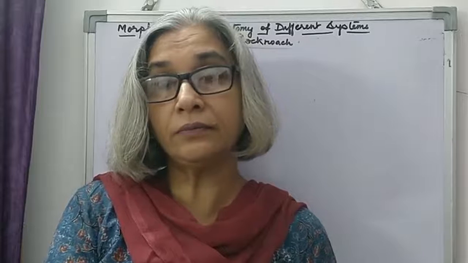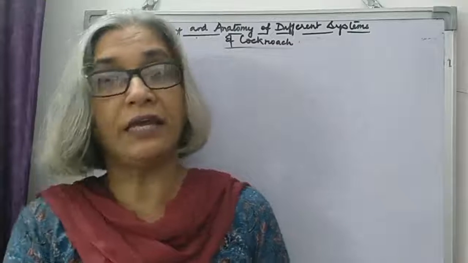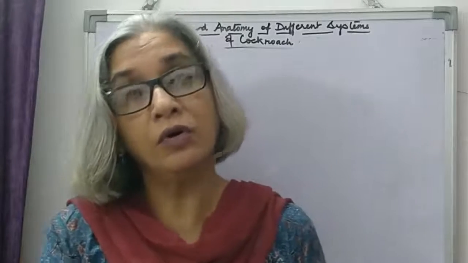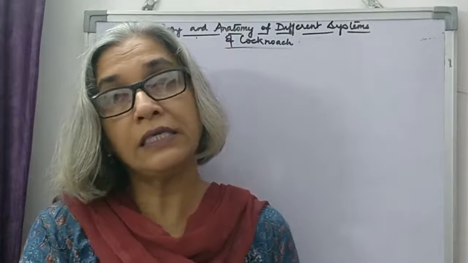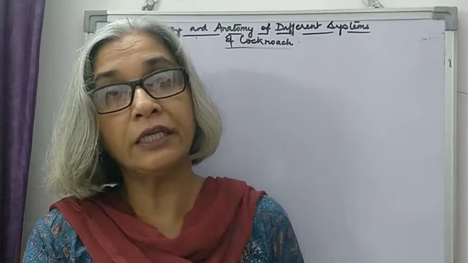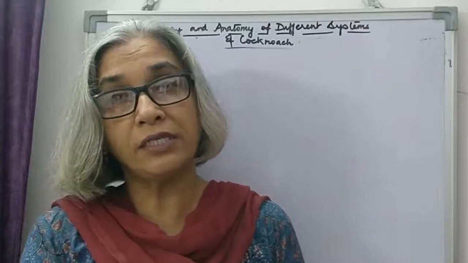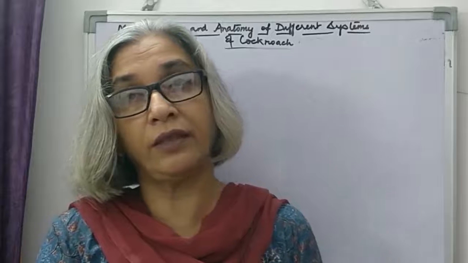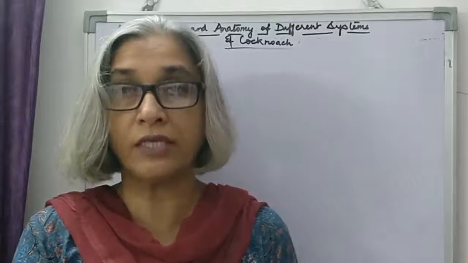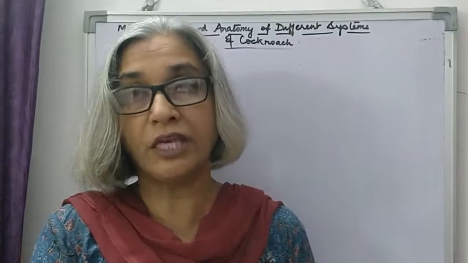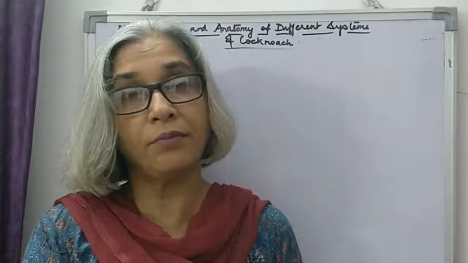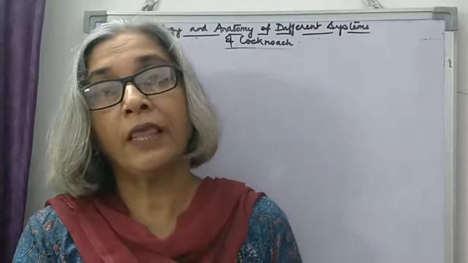Basically, the cavity or the visceral cavity, what we say, is divided into two parts: a pericardium or a pericardial sinus and a hemocoel. The heart is 13 chambered, and these chambers are arranged in such a way that there are 3 chambers in the thoracic region, 1 in each segment, and 10 chambers in the abdominal region.